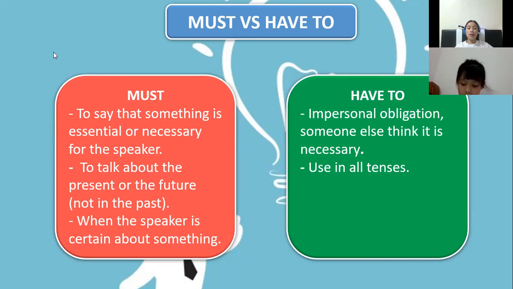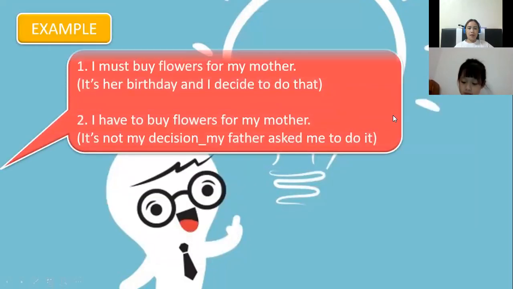We use must to say that something is essential or necessary for the speaker. Have to is impersonal obligation, someone else thinks it is necessary. Example: I must buy flowers for my mother. It's her birthday and I desire to do that.